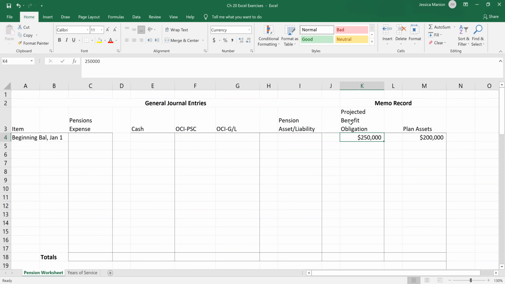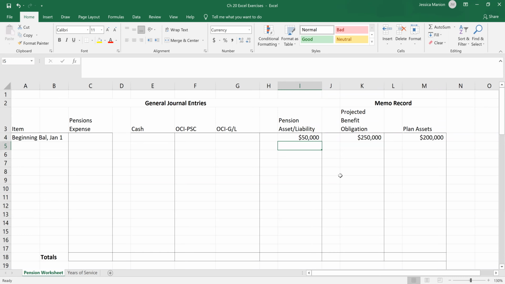If we've got the projected benefit obligation of 250,000, and we've only got plan assets of 200,000, then we have a liability here, right? Basically a $50,000 liability. 250,000 minus 200,000, we've got a pension liability at that point of 50,000, right? Those are our beginning balances.